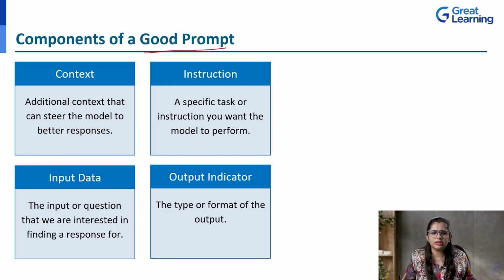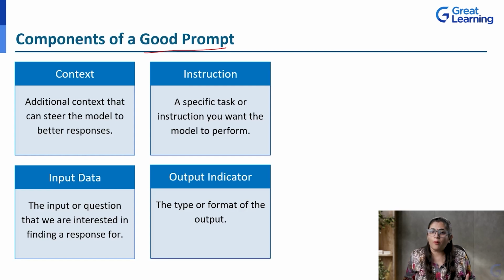For example, you want your output in a CSV format. Suppose you want it in a tabular format or in a graphical format. So you have to tell what kind of output, or what format of output, you want. So these are the 4 components of a good prompt.